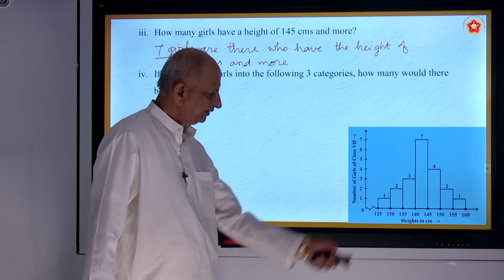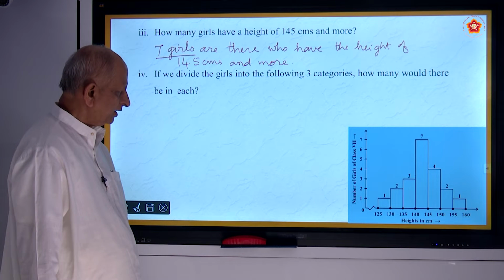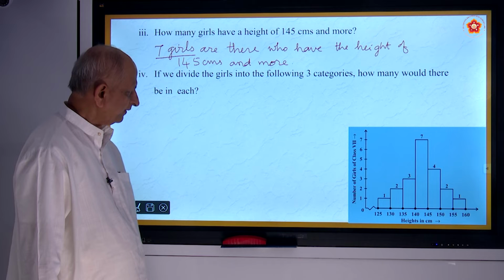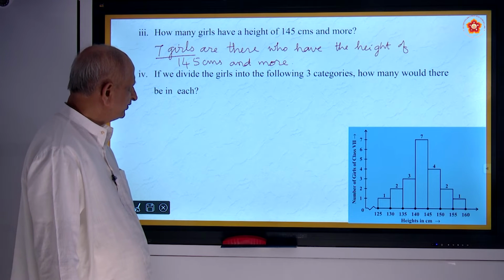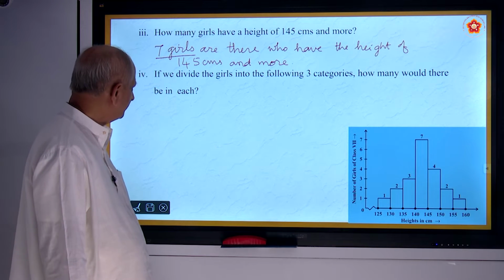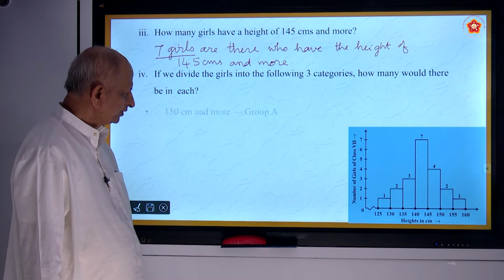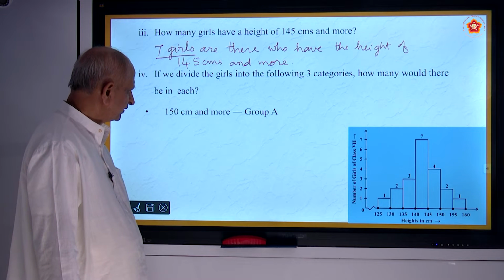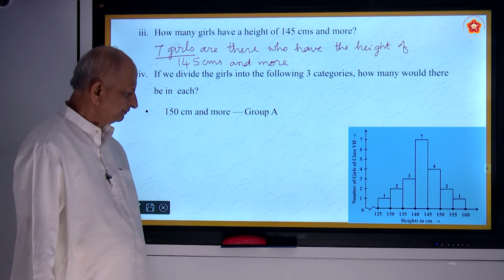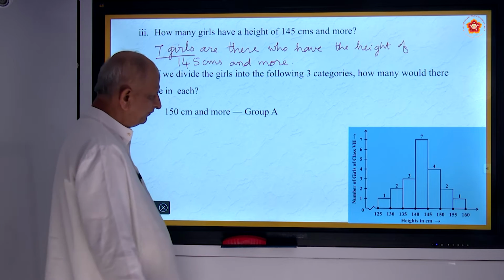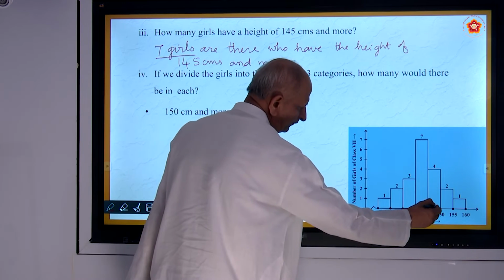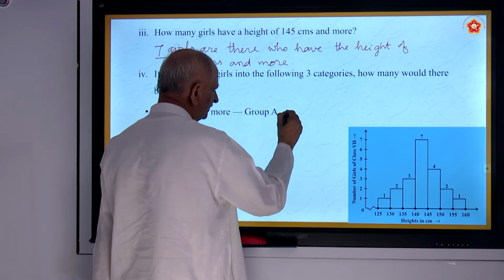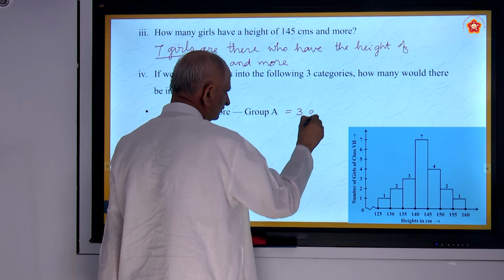Okay, adding all the frequencies above 145. If we divide the girls into three categories, how many would be there in each? So there are 3 categories here. One is 150 centimeters and more, group A. In group A, 150 and more. So 150 is here. So 2 plus 1. In group A there will be 3 girls.